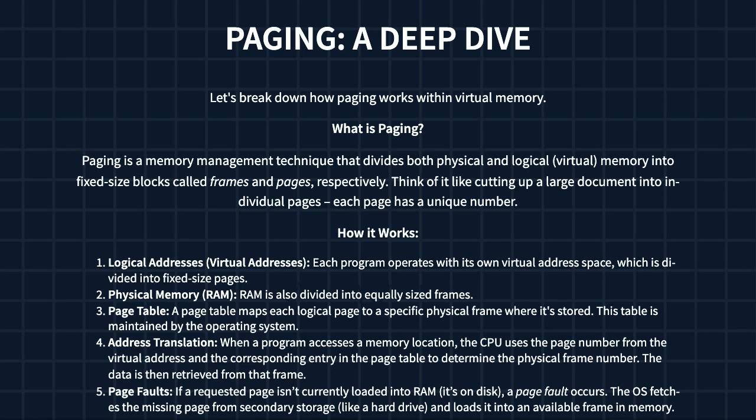When a program wants to access a memory location, it uses its virtual address, which includes the page number, and the page table tells us exactly which frame in RAM that data is in. Now, sometimes a page isn't loaded into RAM yet. That's a page fault. The OS then fetches it from the hard drive, bringing it into memory before continuing.